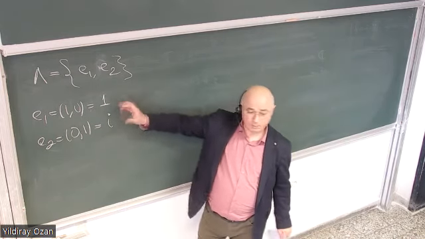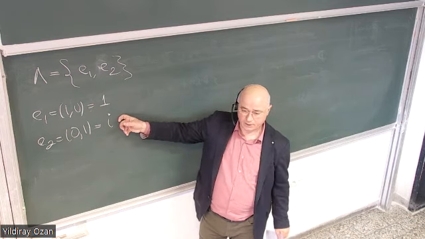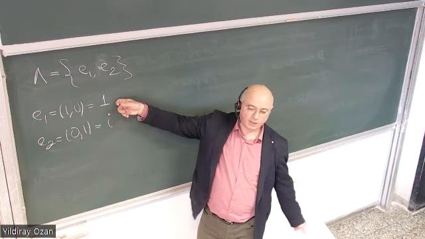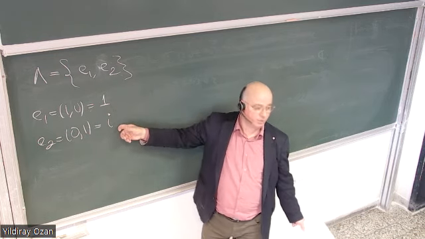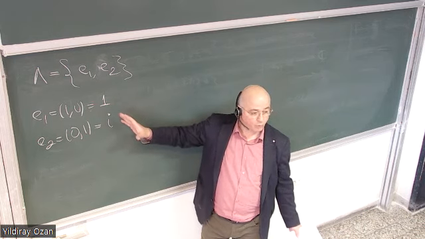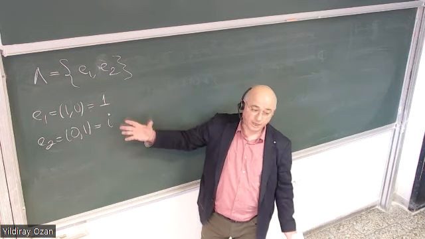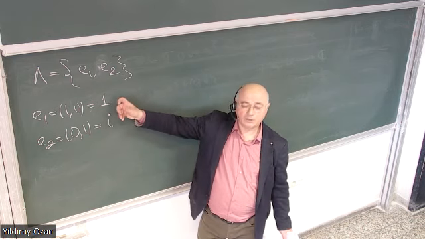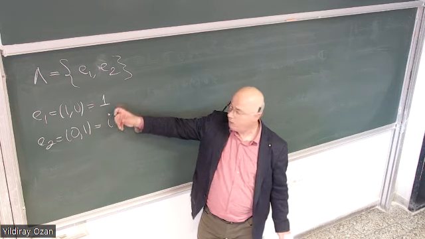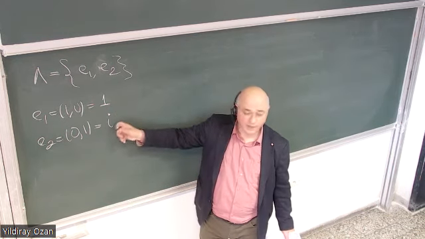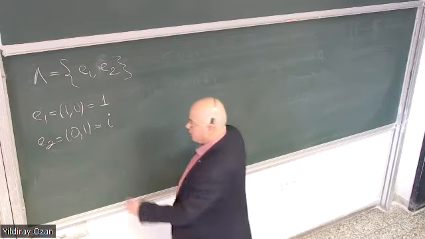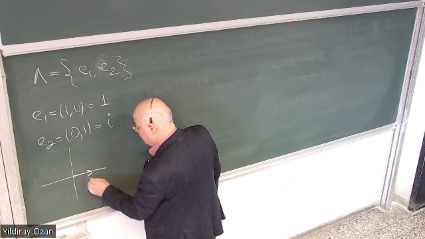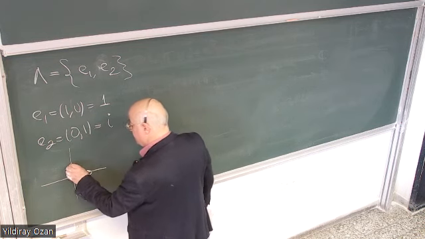Over the complex numbers, these two vectors, these are elements of C, they are linearly dependent, of course, because if I multiply this by i I get this one. So they are linearly dependent over complex numbers. But over real numbers, they are independent, right? Whatever real number you multiply with 1, you cannot get i. And they are just these two gadgets. One is this vector, i is this vector.